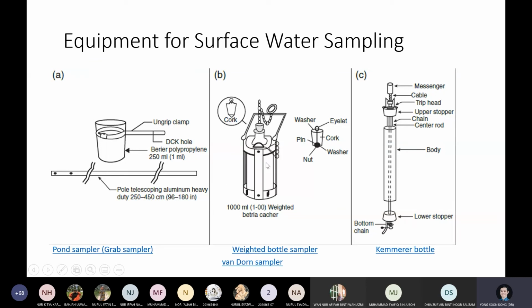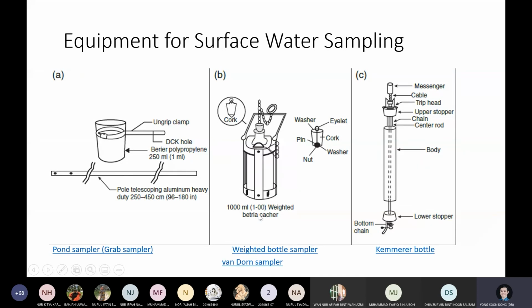So what people do is that at the bottom of this weighted bottle sampler, there will be one reagent bottle attached to it. So you screw it tight, and then you attach a pole to it. Then you take the pole attached to this weighted bottle sampler, and you dip it into the river.